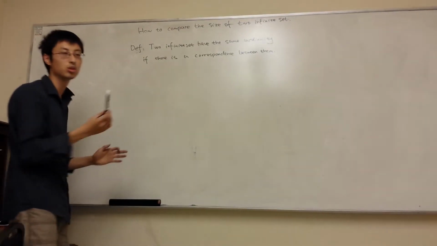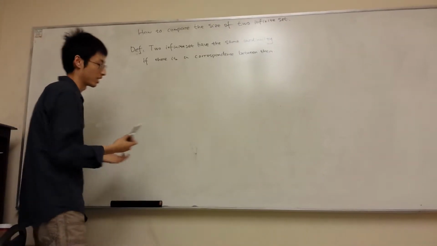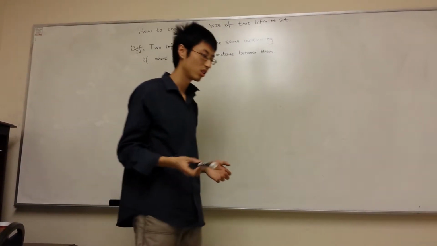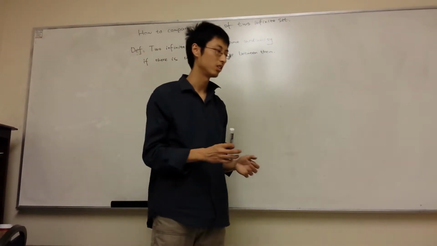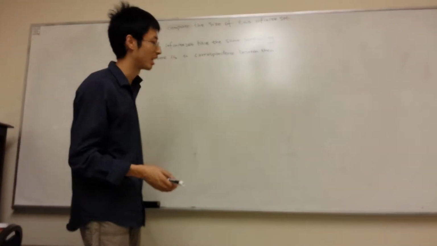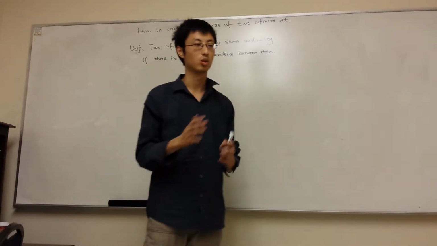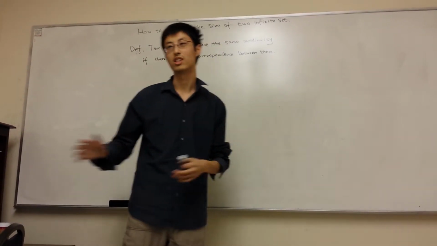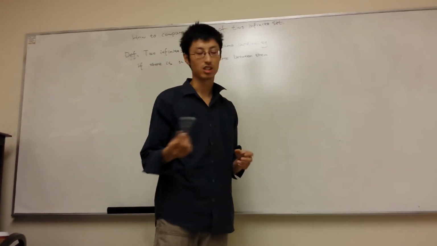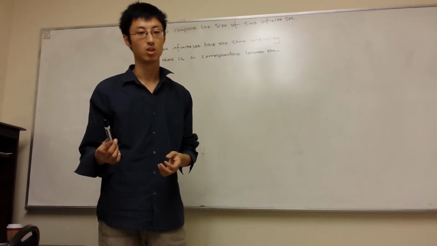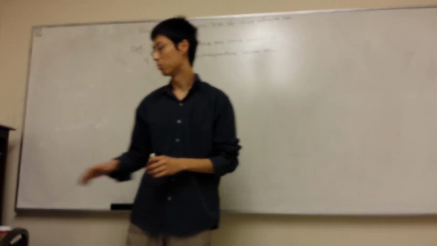The first way is what we introduced before: count how many chairs and how many people, and find which number is larger. The second way is to ask everyone to take a seat, and if someone is still standing, we say we have more people than chairs.